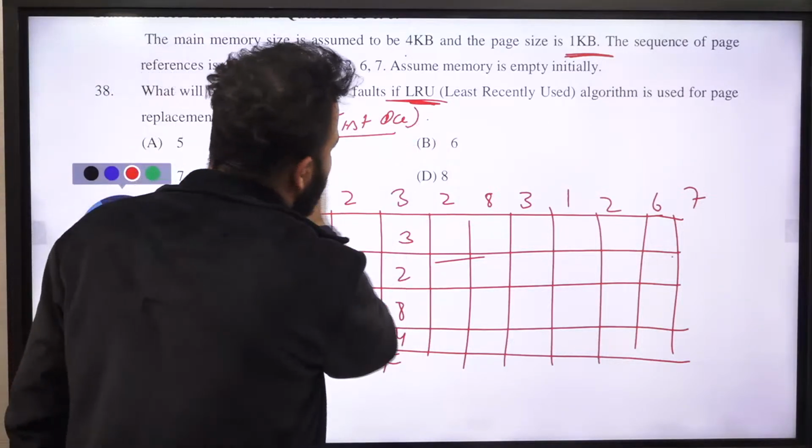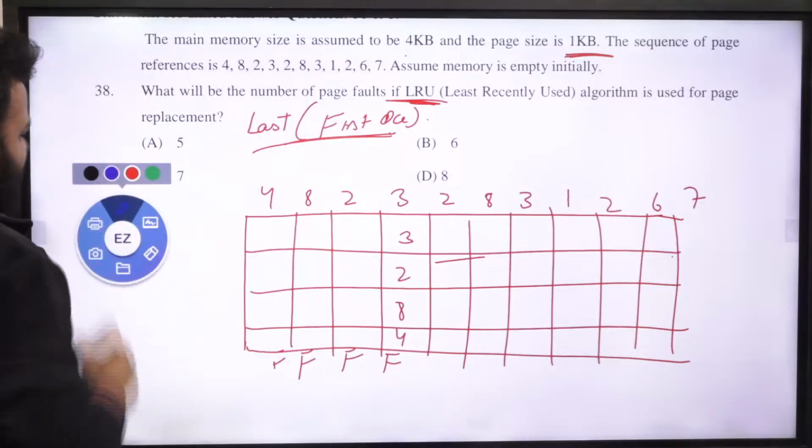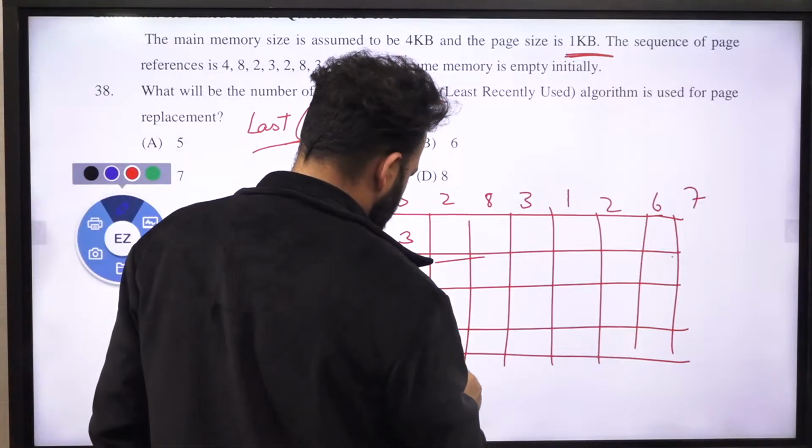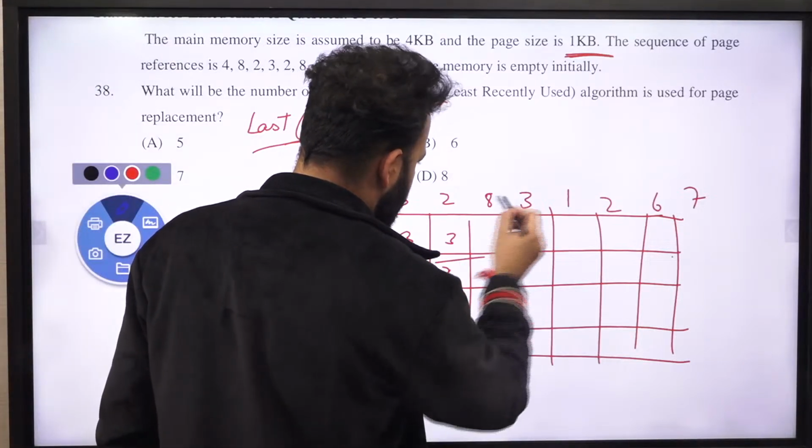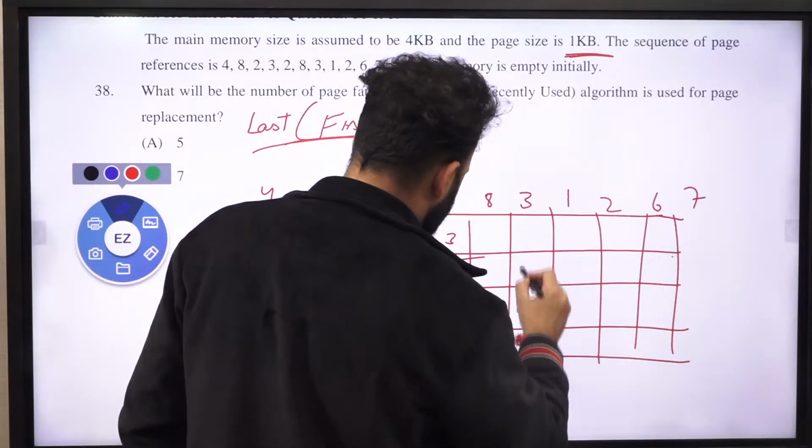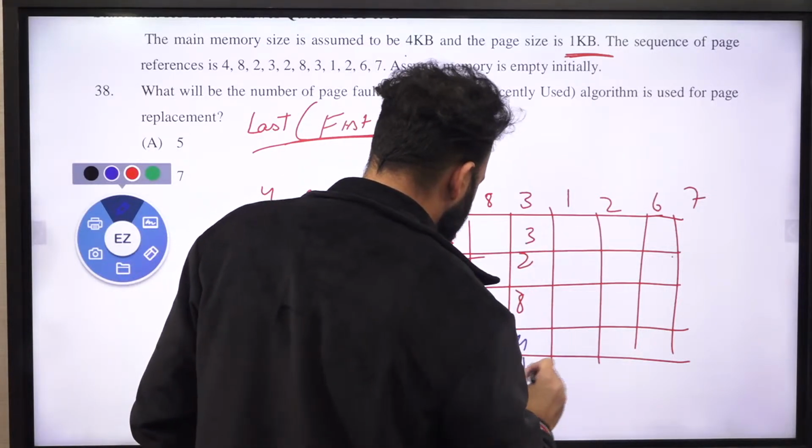Let's see what I mean. So 2 is a hit, 8 is also a hit, 2 is also a hit. All these are hits.